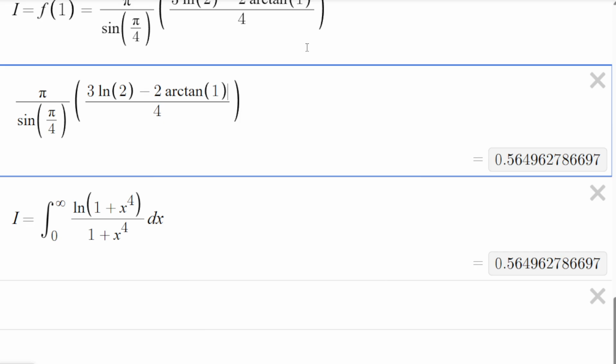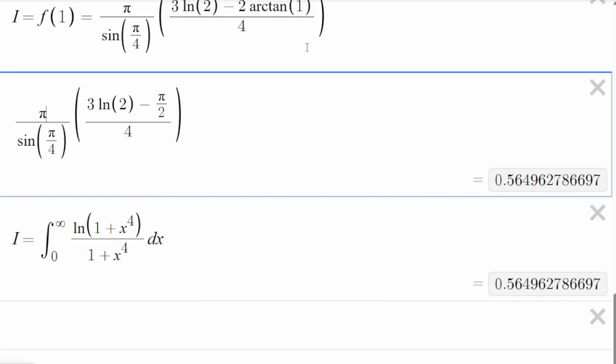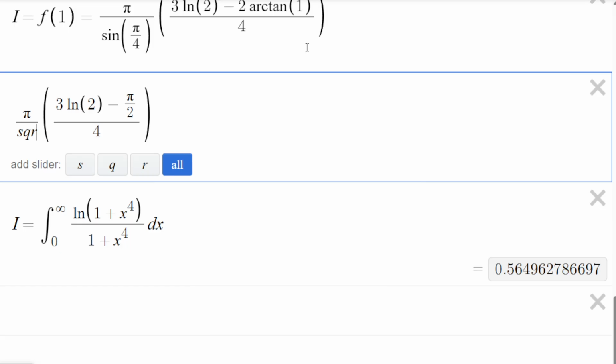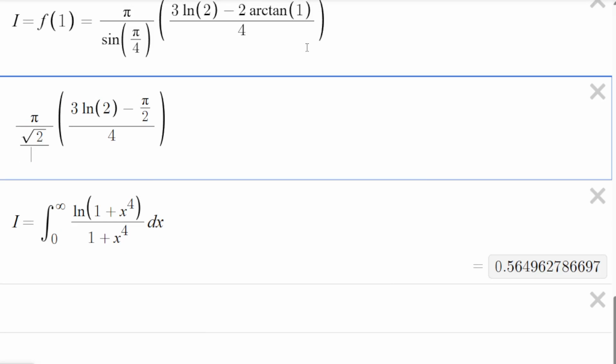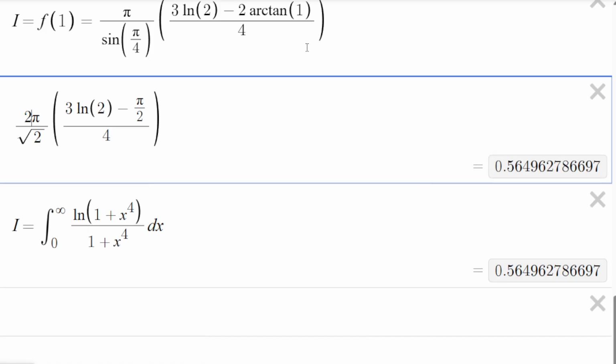Now let's clean this up a little bit. Let's see, arctangent 1 is pi over 4, so 2 times that is going to be pi over 2. Sine pi over 4 is square root of 2 over 2. Let's bring this 2 on top.